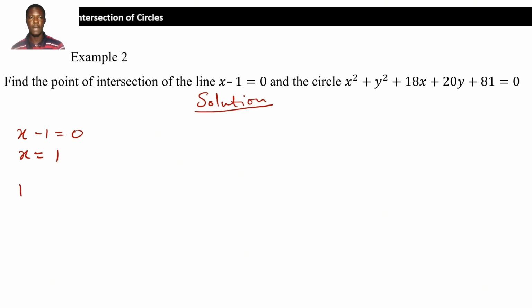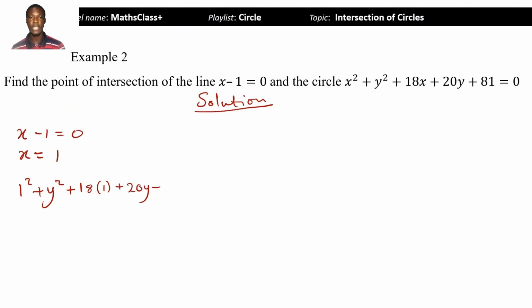That means we are going to have 1 squared plus y squared plus 18 times 1 plus 20y plus 81 is equal to 0.